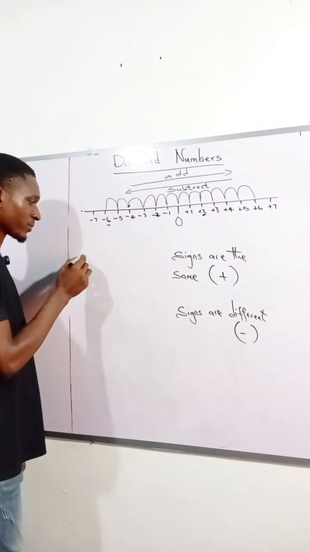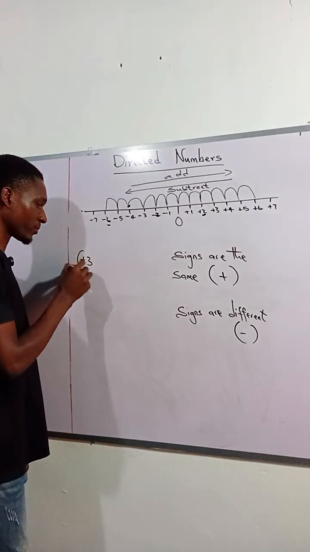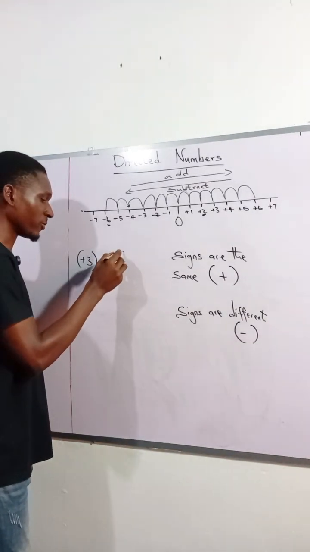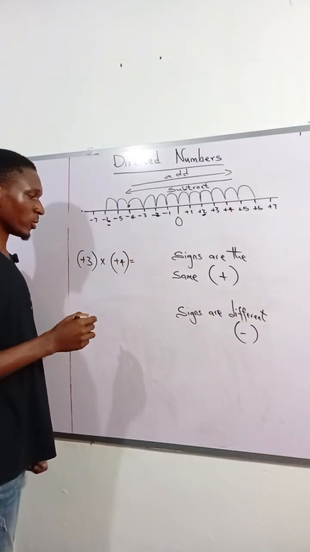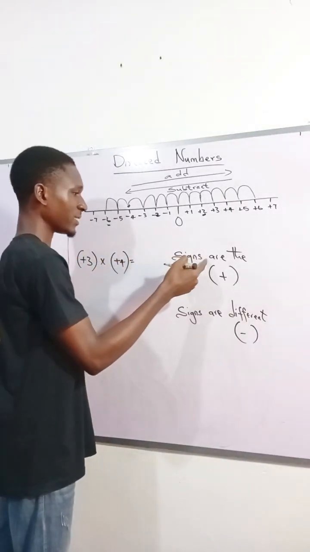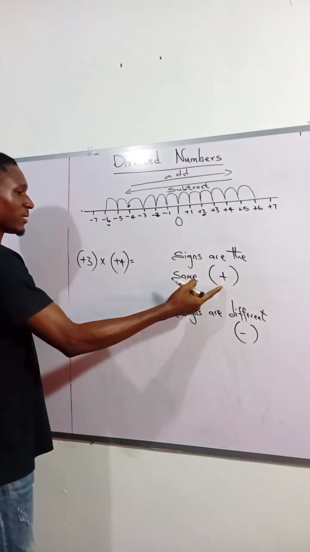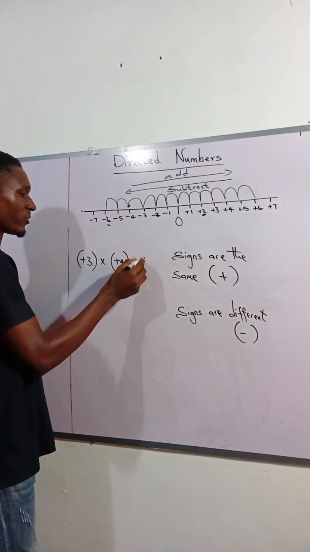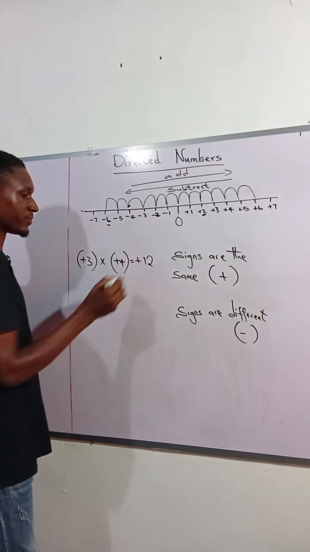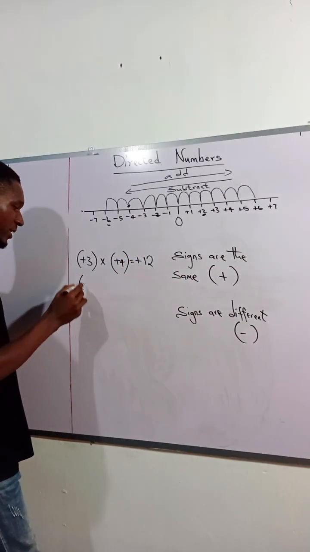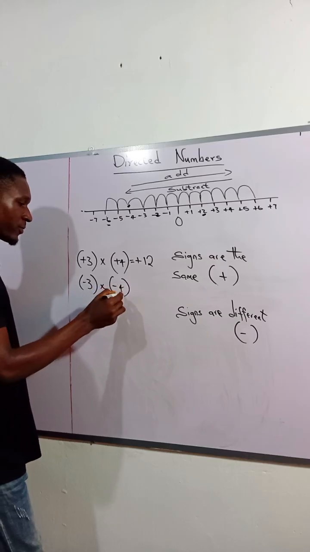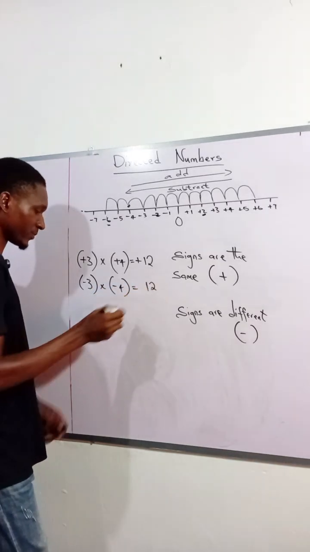For example, if you have positive 3 multiplied by positive 4, your answer would be what? Since both of them are positive, the signs are the same. That means 3 multiplied by 4 is 12, right? Your answer is going to be what? Positive. The same thing, if it is negative 3 multiplied by negative 4, remember it's also 12.